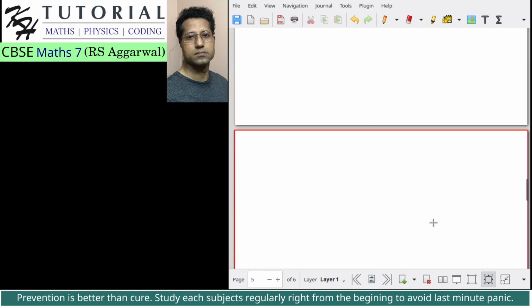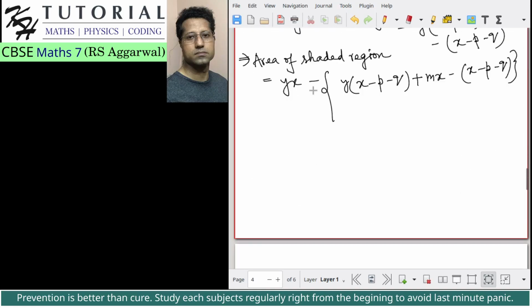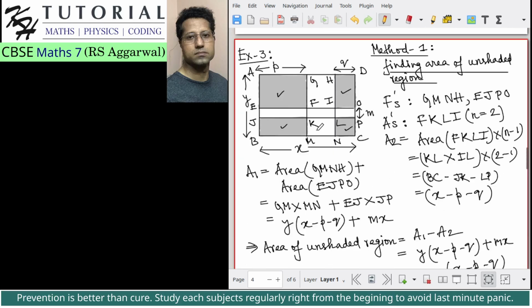In method 2, I will find the area of the shaded region directly by dividing it into rectangles and squares whose area I can find, and from the given figure it is quite evident that it is already divided into 4 rectangles.